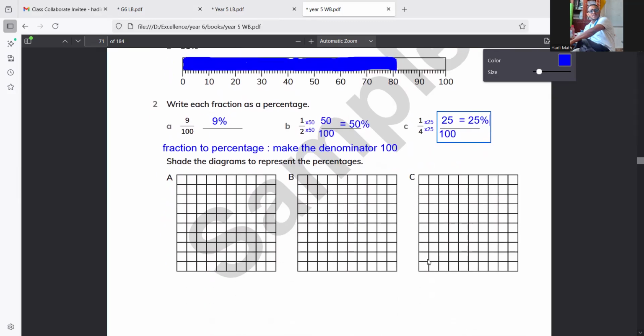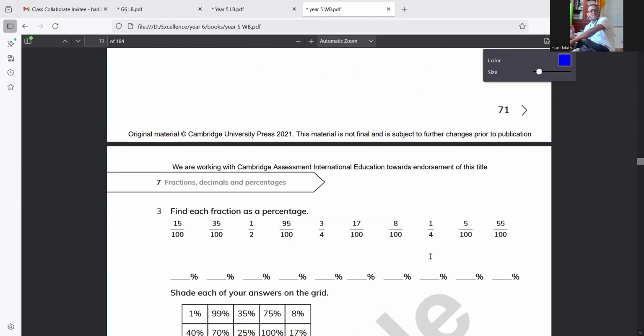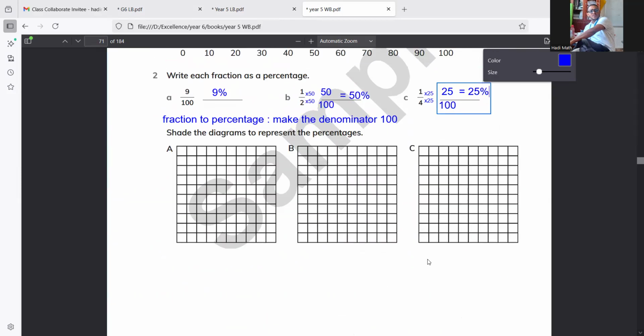They ask you to shade the diagram to represent the percentage. They want us to represent the percentages above here, 9%, 50%, and 25%. If you would like to represent them, you need to make sure each grid here is 100.